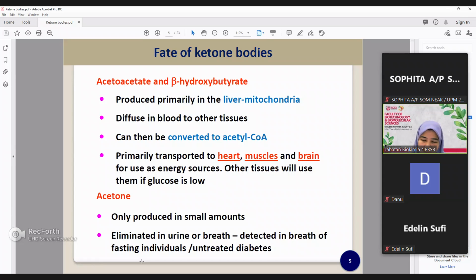There is a smell of acetone, so people with untreated diabetes produce a distinct smell on their breath. The same goes for fasting individuals. We already know that it is the smell of acetone, which explains that there is a production of ketone bodies, which is acetone.